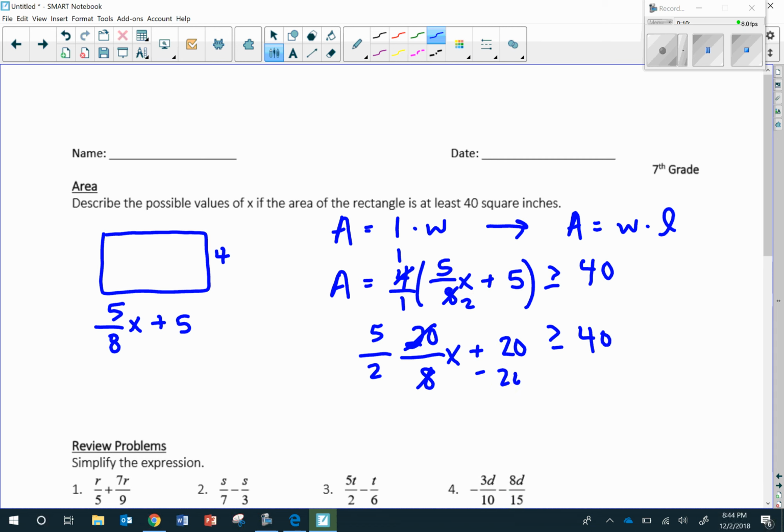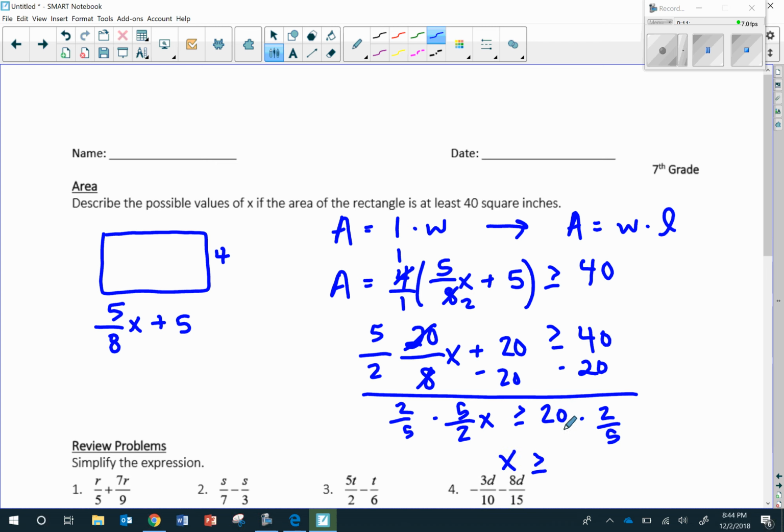I'm going to subtract 20 from both sides, just like I would solving an inequality. I have 5/2 x greater than or equal to 20. I'm going to multiply by my multiplicative inverse here, so multiply each side by 2/5. When I do that, I have x is greater than or equal to 8. So the possible values for x, it needs to be at least 8, but it can also be larger.